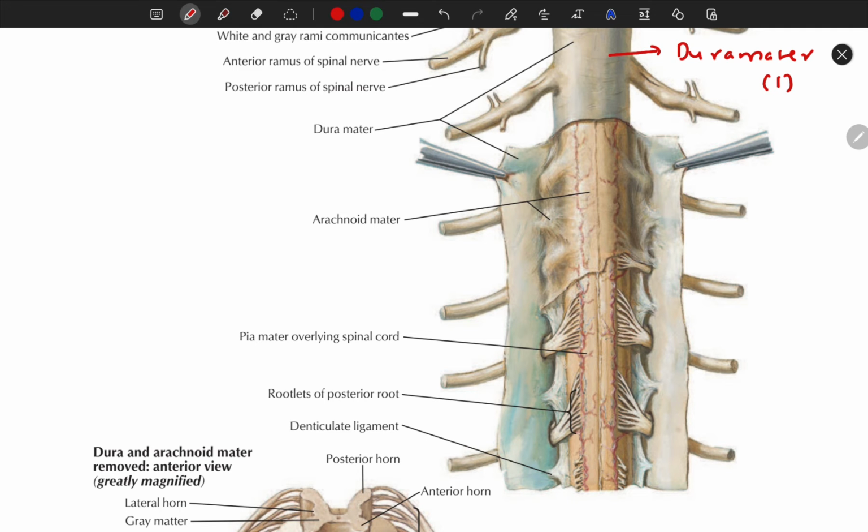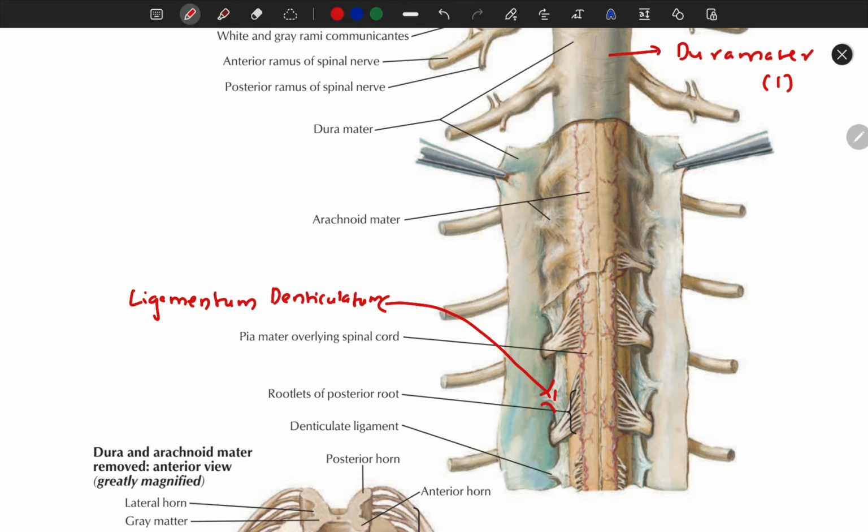Another modification of the pia mater is this one, that is the ligamentum denticulatum. It is another modification of the pia mater. Here you can see it is a tooth-like projection, and it is present one on each side.